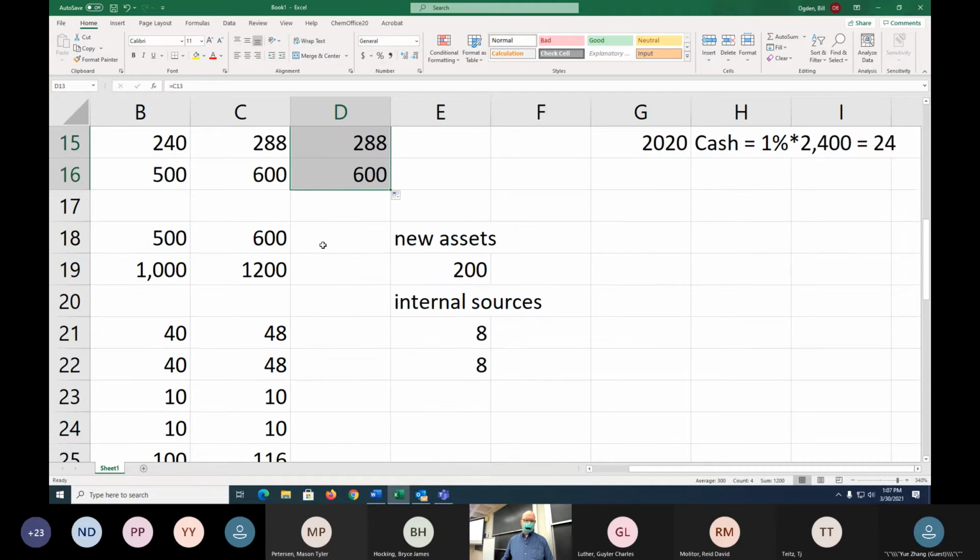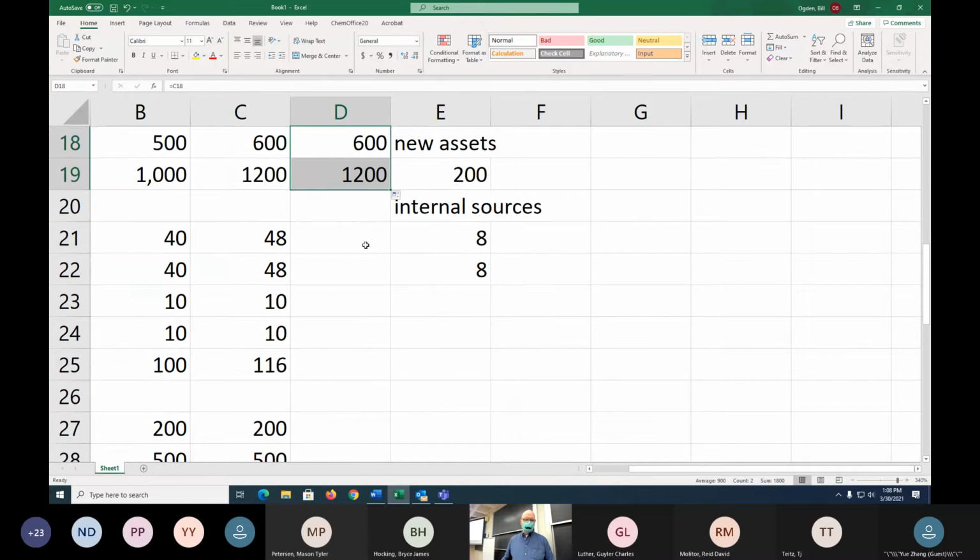Okay, and the current assets, yep, same thing here. Net fixed. And same thing here. So now we'll do this part. So the right side, the 48 still works.